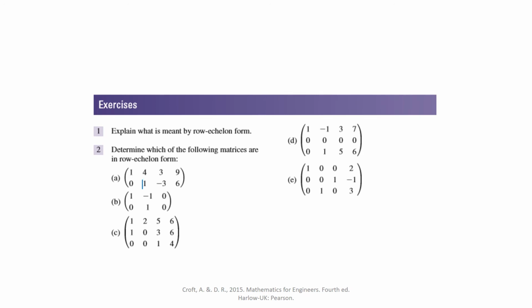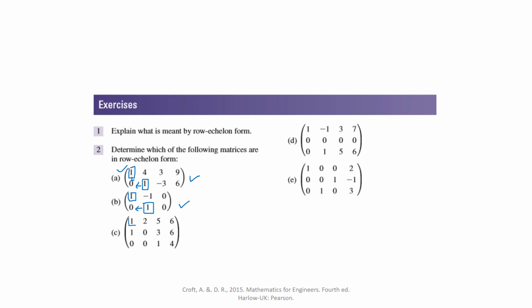What about this? This is a leading one, yes, this is a leading one, under it 0 and left 0, so this is echelon form. This is the first leading one and this is the second leading one in the next line to the left of this 0, okay, this is echelon.